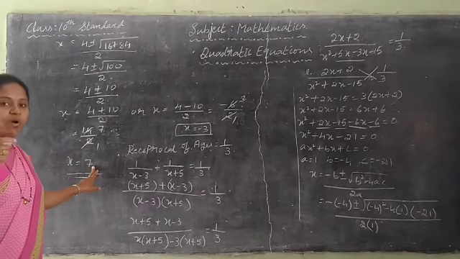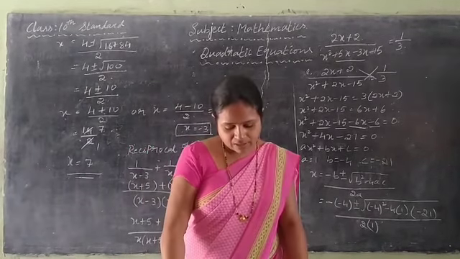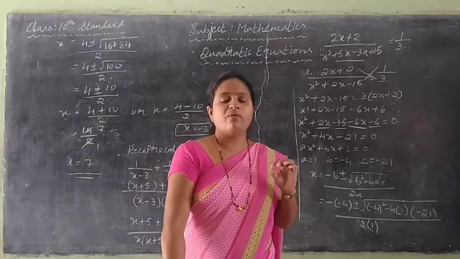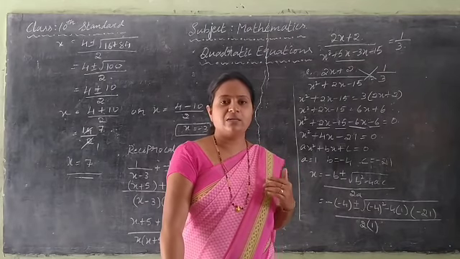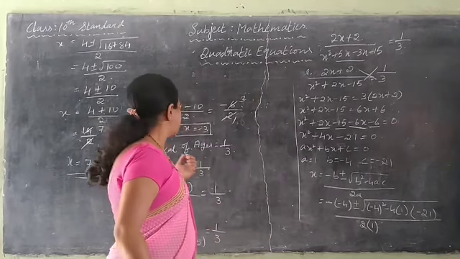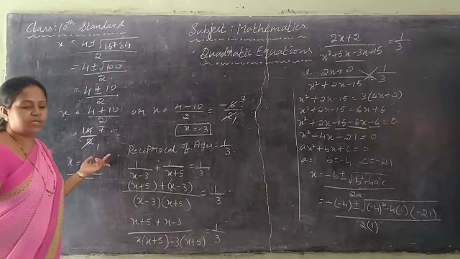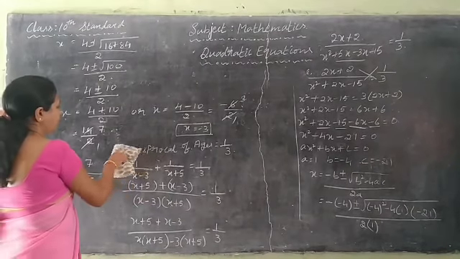So what do we have to find out? We have to find out the present age of Rahman, isn't it, children? So what we have considered as the present age of Rahman will be 7 years, children. Understood? The present age, you have to write, children.